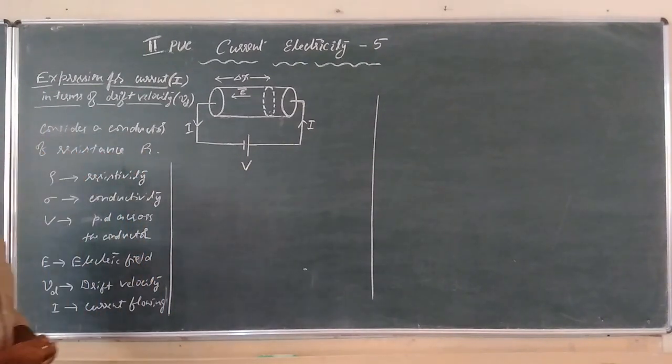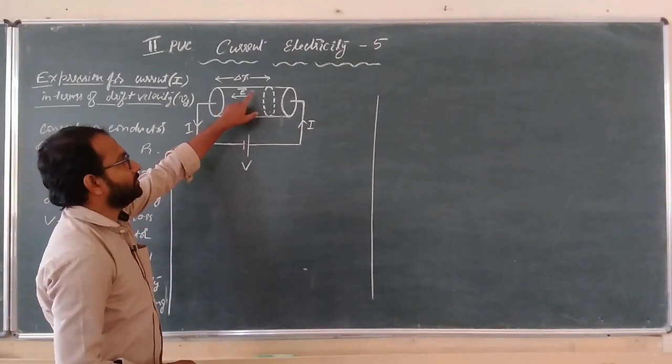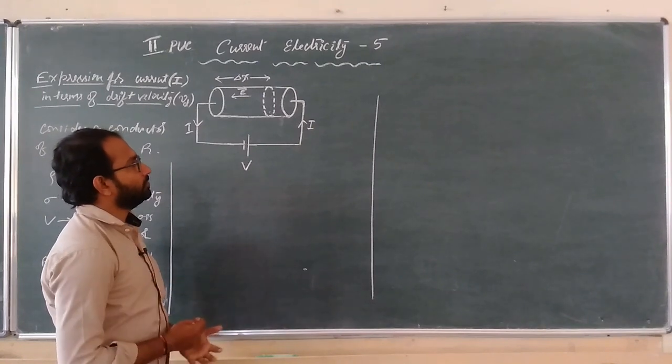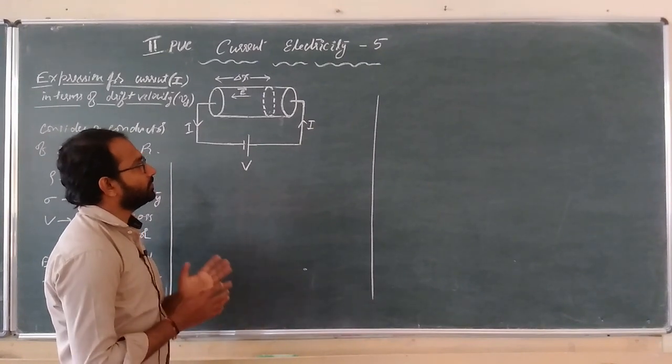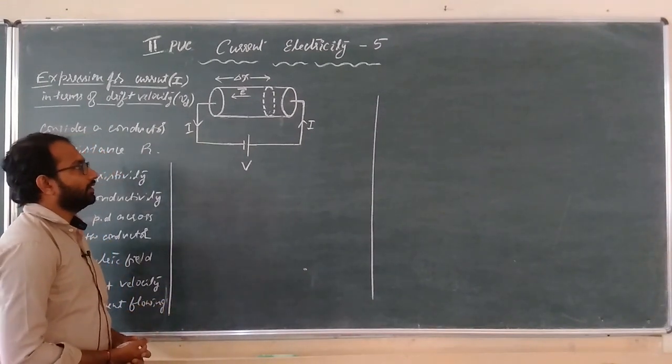So naturally, the electrons are drifted in a direction opposite to the direction of electric field. Due to the drift of electrons, charge flows through the conductor, thereby current is produced.